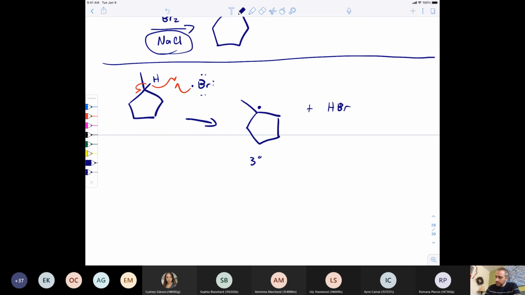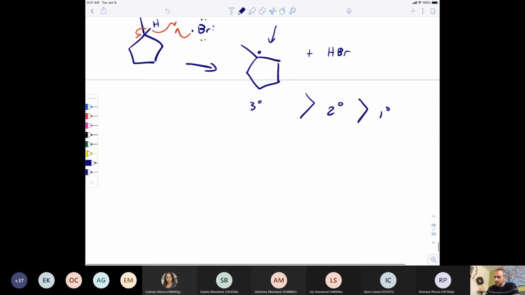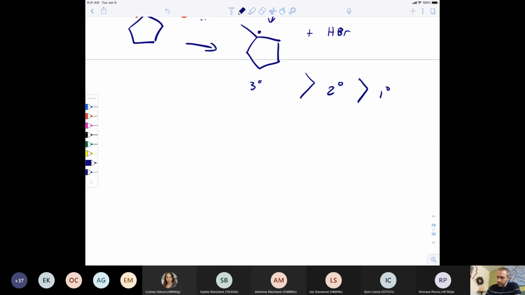So this is a tertiary carbon-centered radical. Tertiary is more stable than secondary, which is more stable than primary. So it's going to want to remove a hydrogen that produces the most stable intermediate possible. Because this thing is high energy, if you can make something that's lower energy, that's going to be faster. And you can think about this if you look at a potential energy diagram.